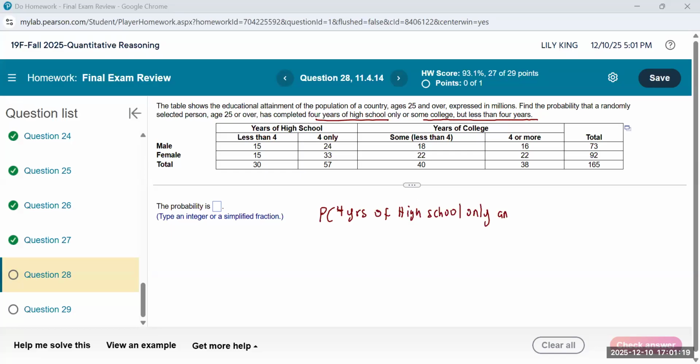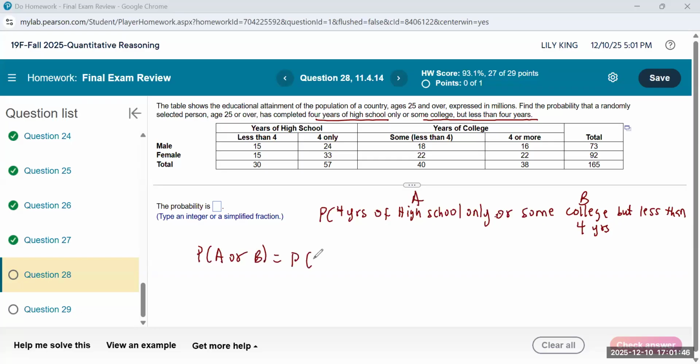Or less than 4 years. Okay, so I'm going to use A and B as my events, so that I'm not writing a whole long sentence.